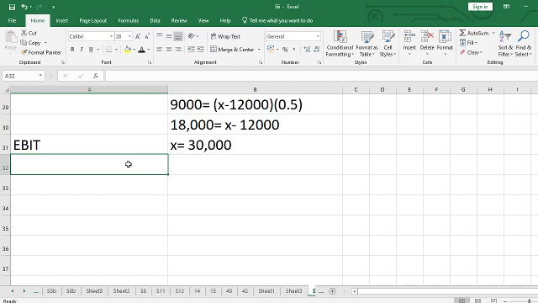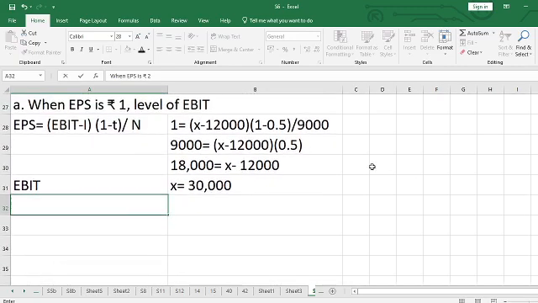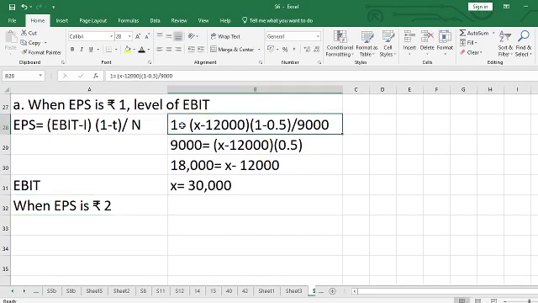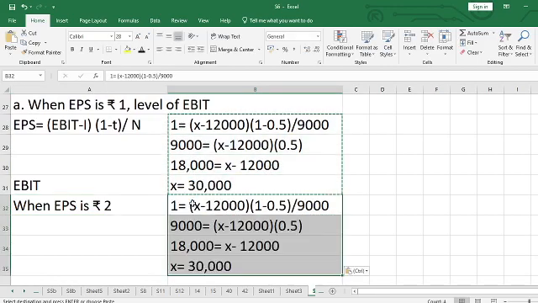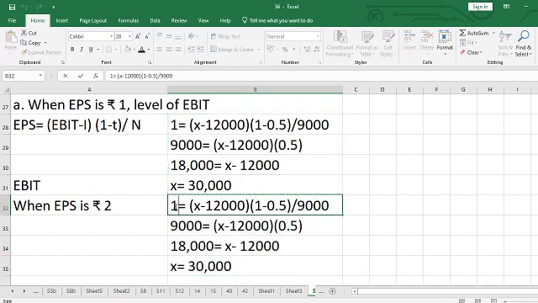Similarly, the remaining calculations we can also do. When EPS is rupees 2, the same calculation we need to repeat here. Now instead of 1, we need to take 2.